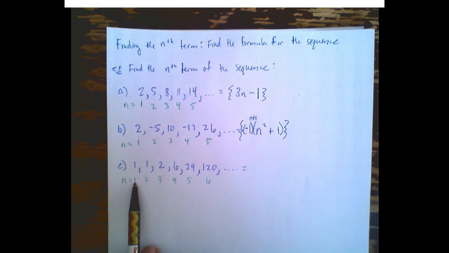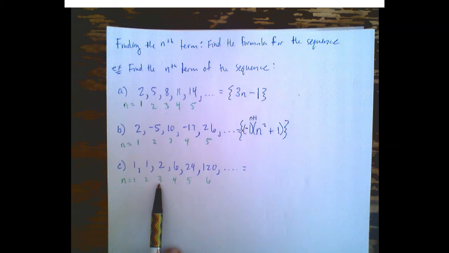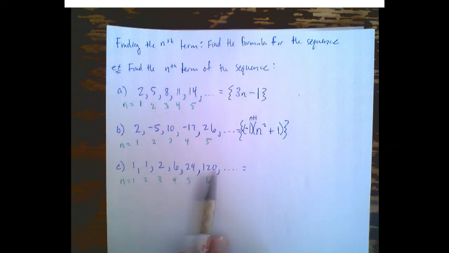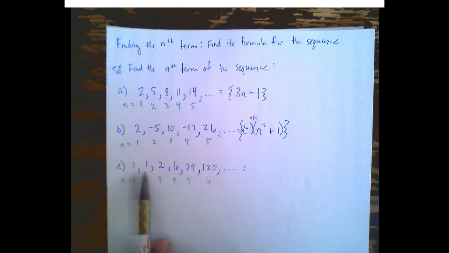So we know that 1 to the first power is 1, but 2 to the first power is not 1. So that might be out. We know that these terms here also really don't have too much of a pattern in regards to multiplication.